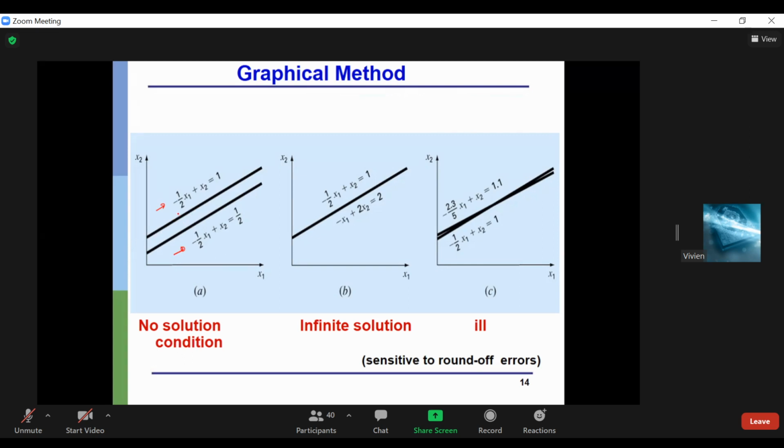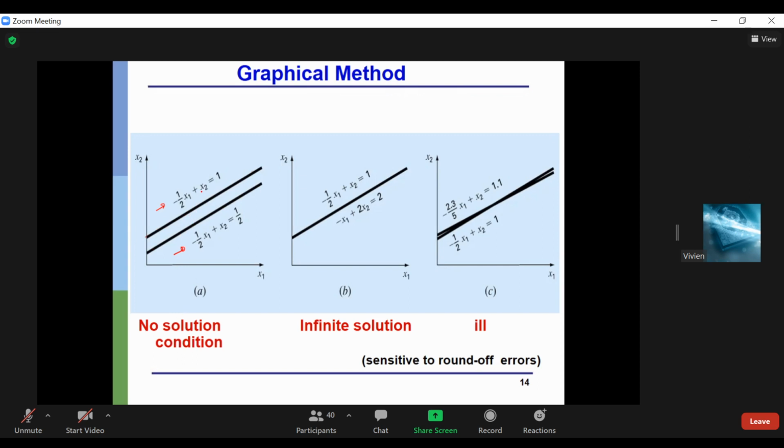In this case, the equations constructed from the problem give two parallel lines like this one. So in this case, we never have a solution.